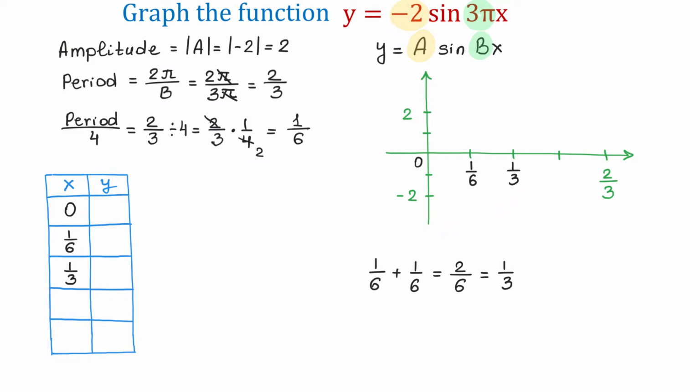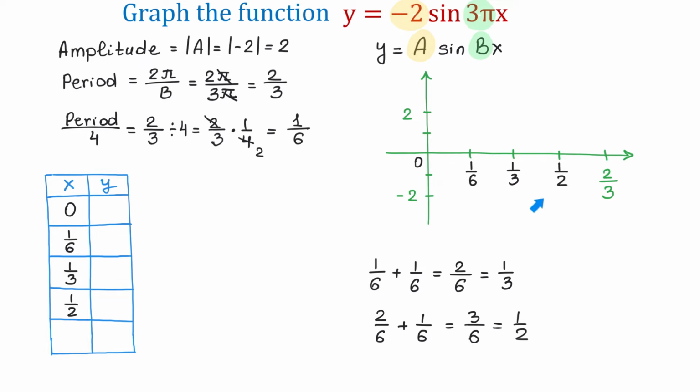Recall that from the previous calculations, 1/3 is the same as 2/6. So we can write 2/6, and now let's add a quarter period, which is 1/6, and this makes 3/6, or 1/2. So the next value is 1/2, and we will add it to the table.